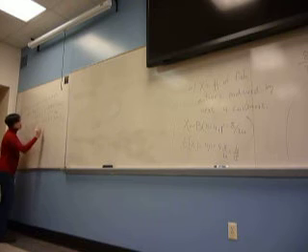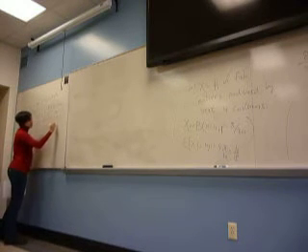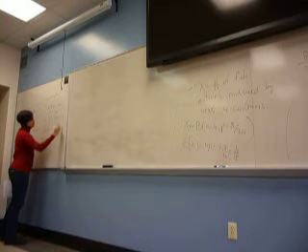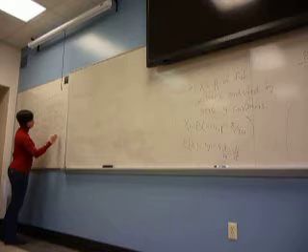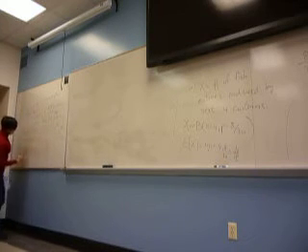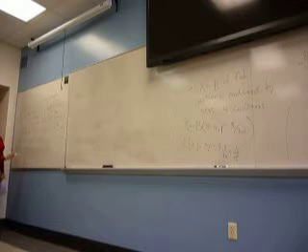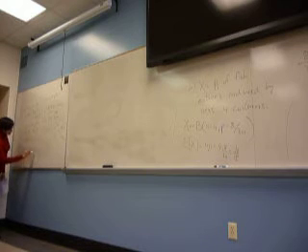What's your distribution function for exponential random variables? 1 minus e to the negative lambda x for x greater than 0, and 0 otherwise. So in this particular case, you have 1 minus e to the negative 1700 over 1700, which is 1 minus e to the negative 1.